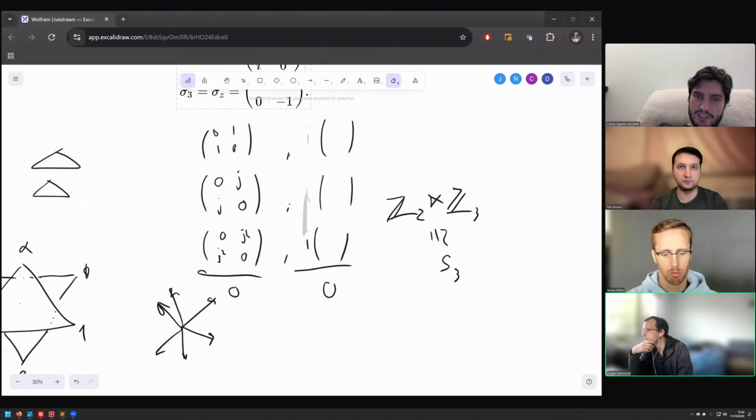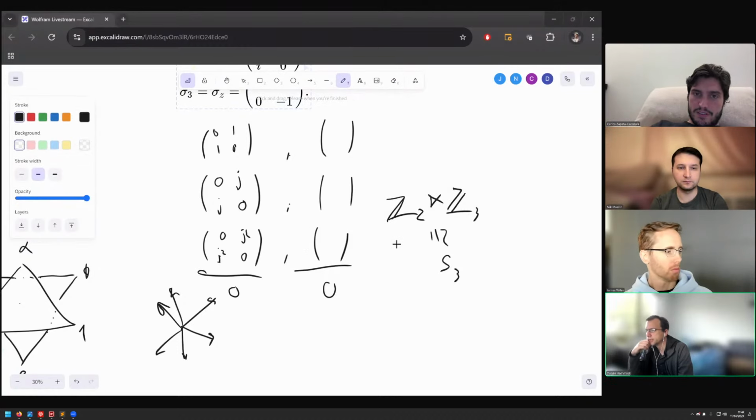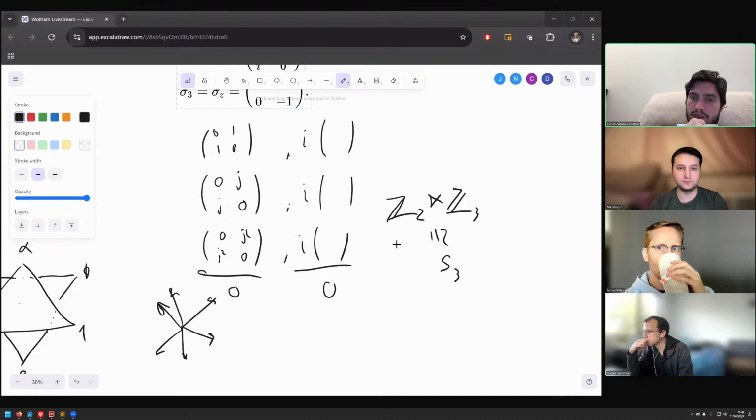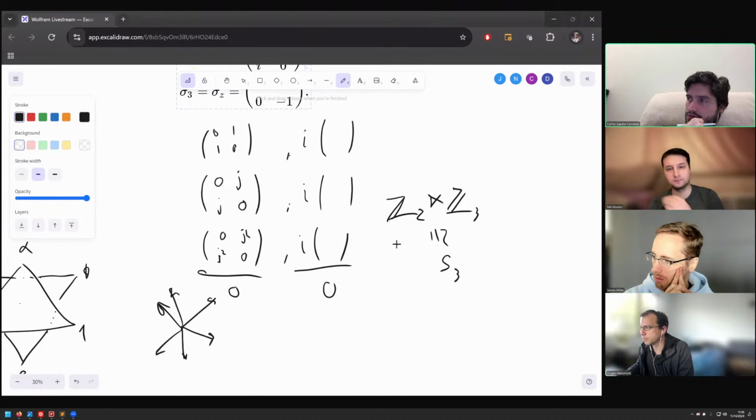So these are modifications of the Pauli matrices. Yeah, you can think of it that way. So I believe this is true. You multiply J times J, is that true?